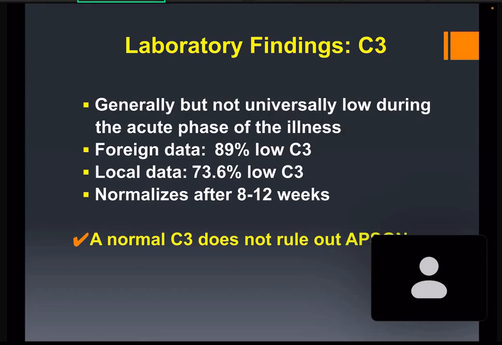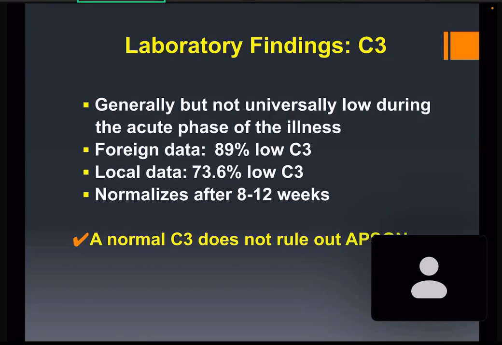According to this data, it can be low in around 70 to 80%, but it normalizes after 8 to 12 weeks. So if you have a low C3 level, and after 12 weeks it does not go back to normal, then you think of another diagnosis, not PSGN, as the cause of your acute glomerulonephritis.